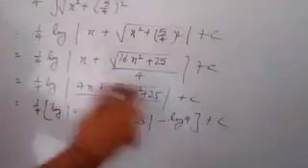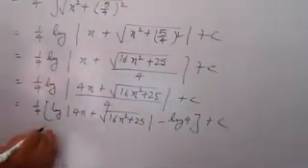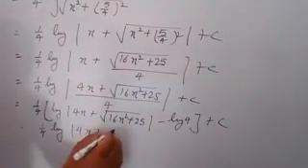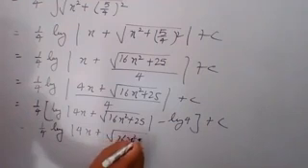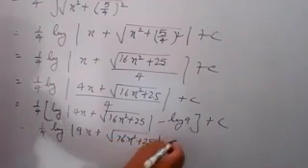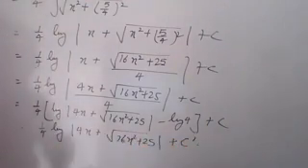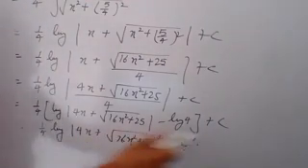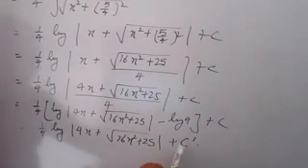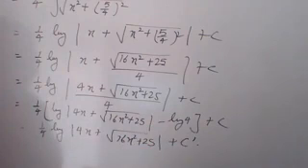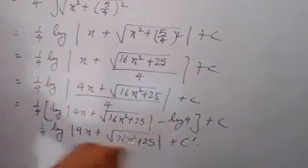So you can express that complete result as 1 upon 4 log of (4x plus under root 16x square plus 25), and you write here plus c dash. That c is converted into c dash, where c dash is equal to c plus 1 upon 4 log 4. So here you have another constant. So this is your final result.